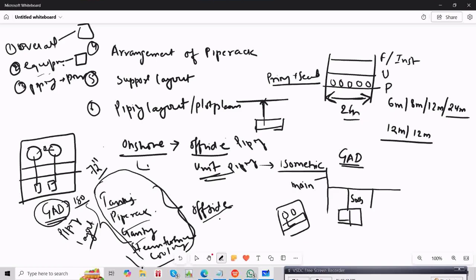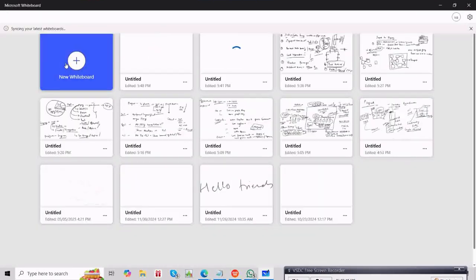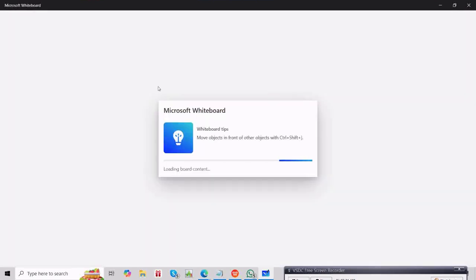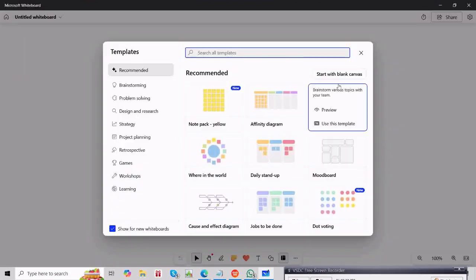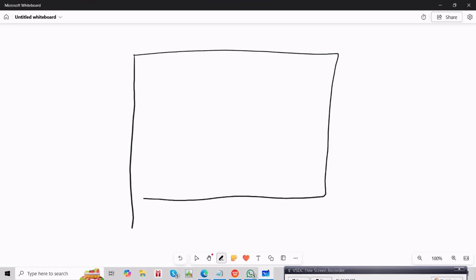Because these big pipes, if you generate an isometric, I will show you. Wait. It's a very interesting thing. It is due to the pipe length. See, this is your plant, and this is your tank storage area.